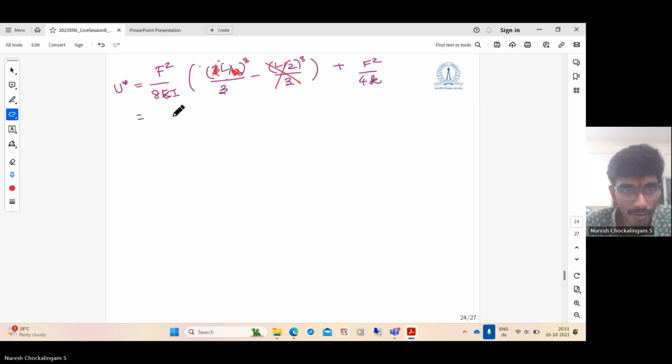Therefore, we get the expression for the complementary state energy as f squared by 24 pi plus f squared by 4, that's an L cube.